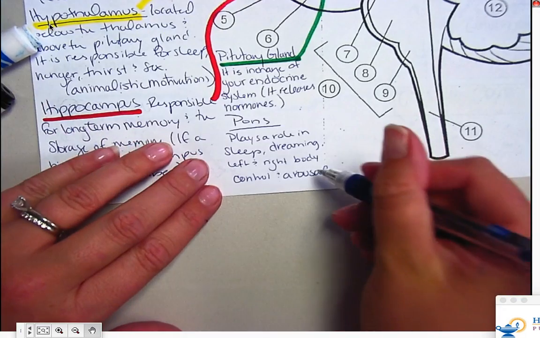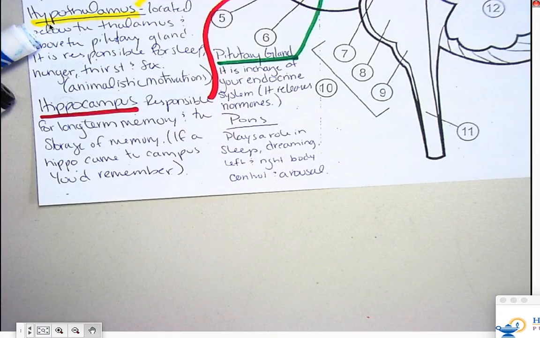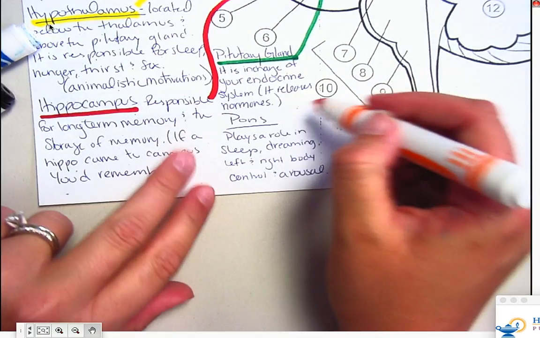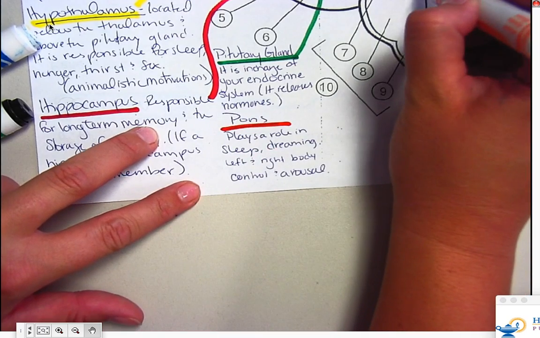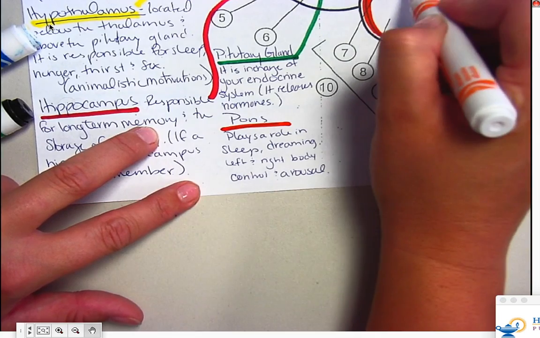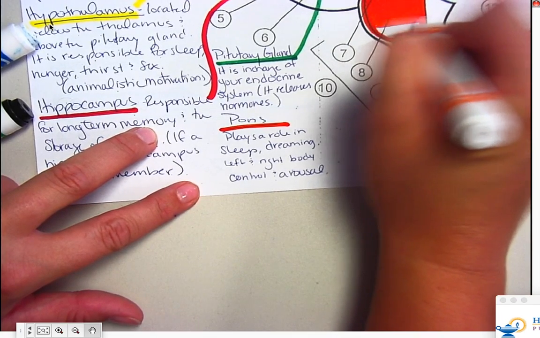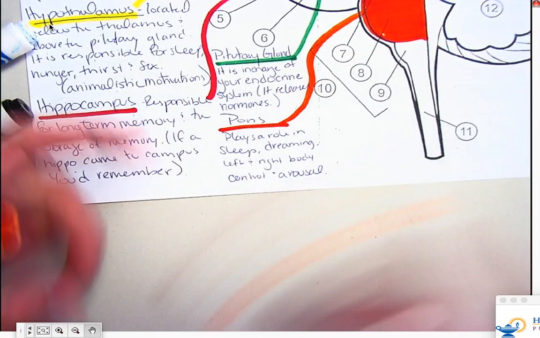So, do animals have this? Is it going to be on the top part of the brain or on the bottom of the brain? Bottom. Alright, for me it's going to be orange, and it is right here.